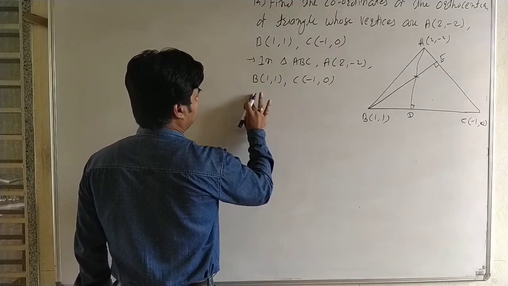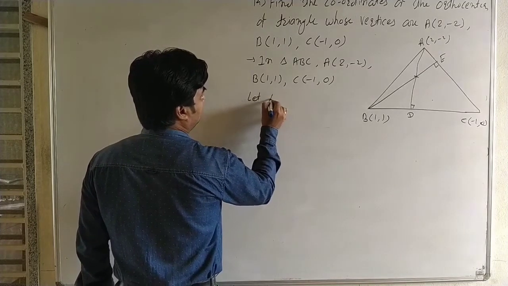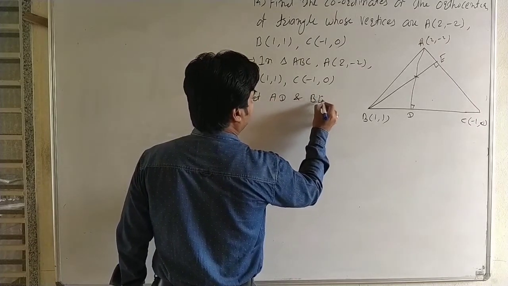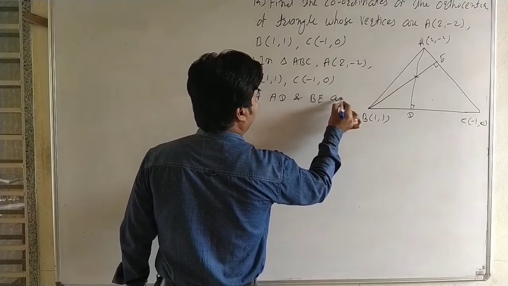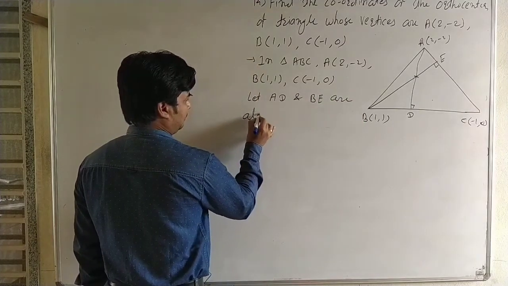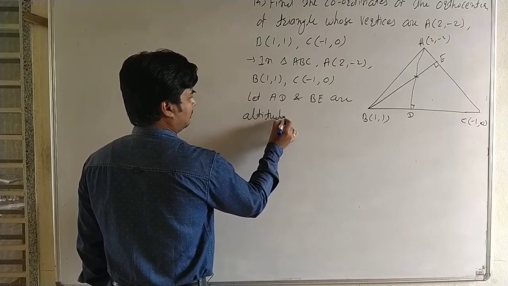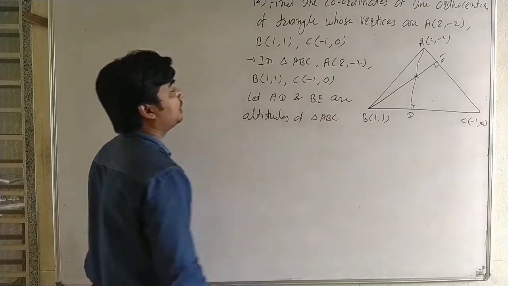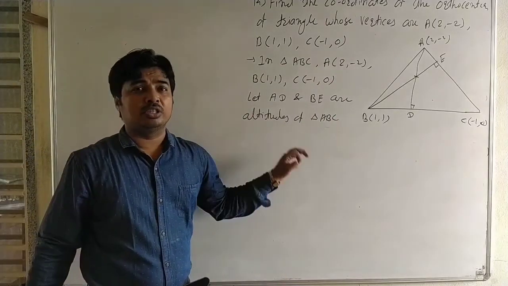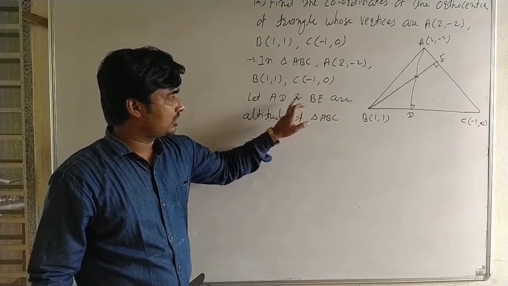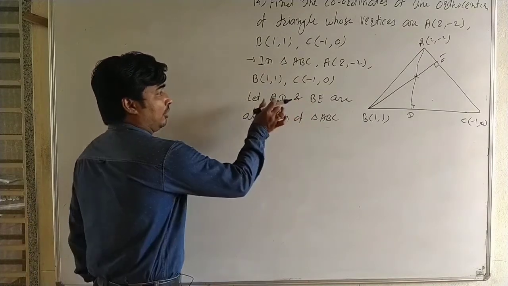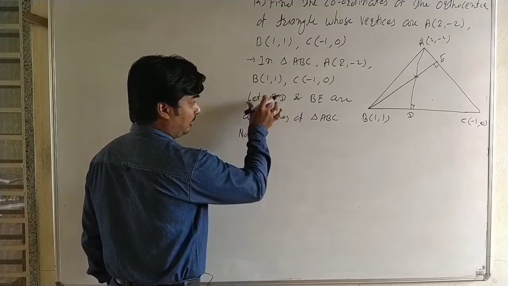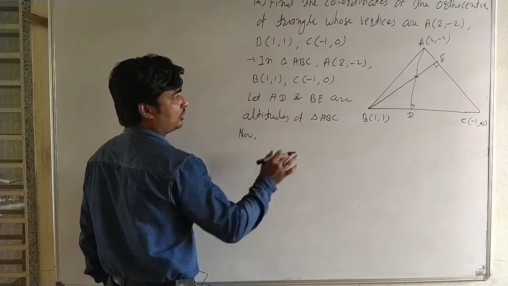Let AD and BE be altitudes of triangle ABC. We want to find the coordinates of the orthocenter, the point of intersection of the altitudes. So we find the equation of AD first and then the equation of BE.